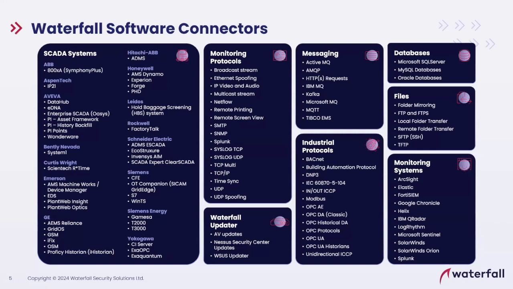And this is why Waterfall has a huge collection of things we can connect to, things we can make copies of. The hardware sends information in one direction. The software, these connectors, make copies of systems, so that on the enterprise network, the only thing you need to do is connect to the copies of the systems.